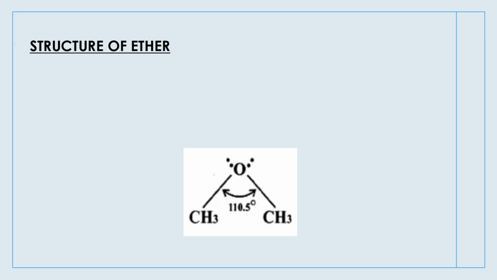Talking about the structure of ether, as it is an oxygen containing compound, we know that oxygen has two lone pairs of electrons. Along with the alkyl groups that are already bulky, larger in size, we already have the repulsion, the steric hindrance, and with the addition of the two lone pairs of electrons, the electronic repulsion increases.